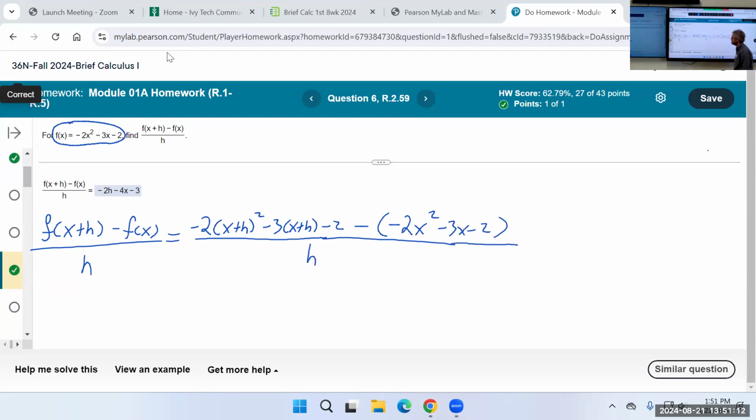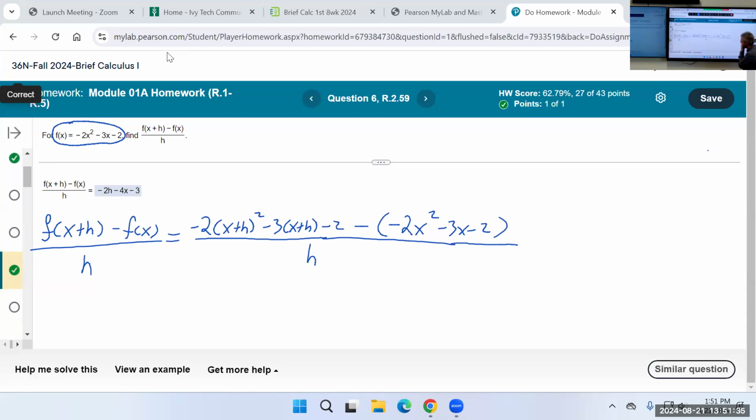That's all over h. So I want to distribute and cancel what I can. And from there, I'm going to try to get rid of that h in the denominator and just see what happens. Okay, that's just me setting it up in the beginning. So I have my f of x plus h minus the original function.